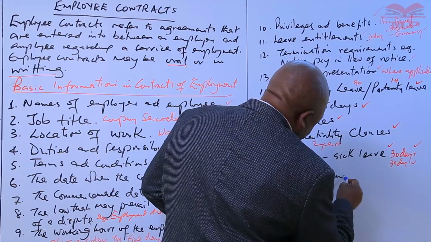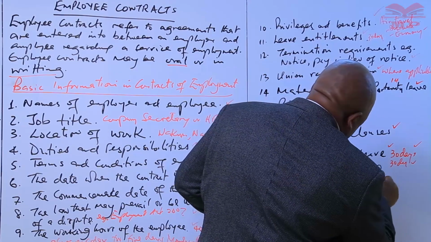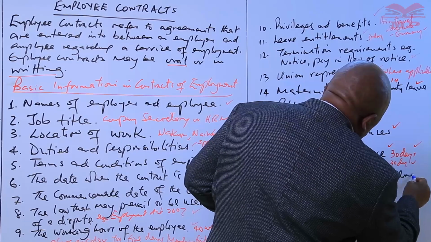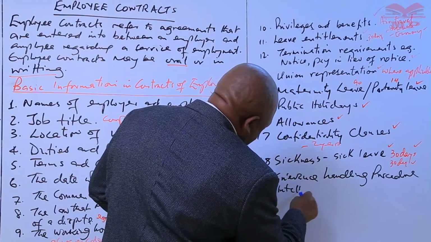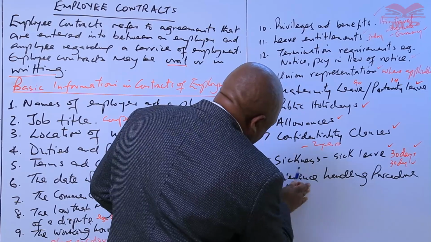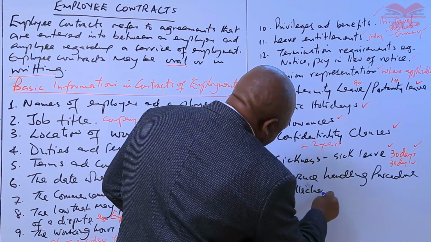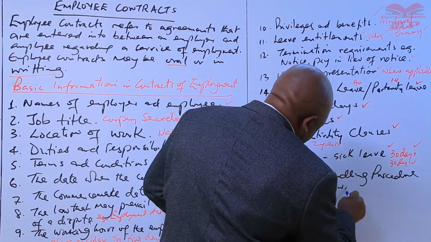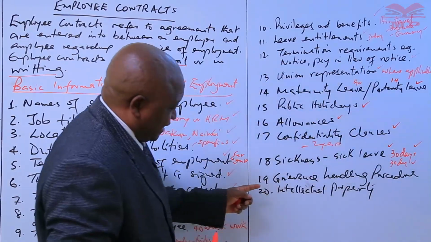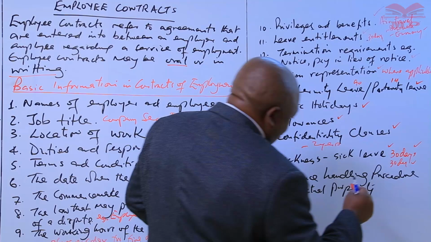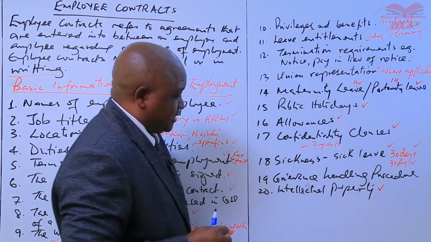So confidentiality clauses, sickness, terms of sick leave, and also aspects like grievance handling procedure, and other aspects like now intellectual property. So when it comes to aspects like intellectual property, some workers may come up with some inventions.